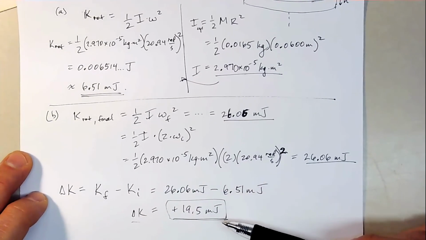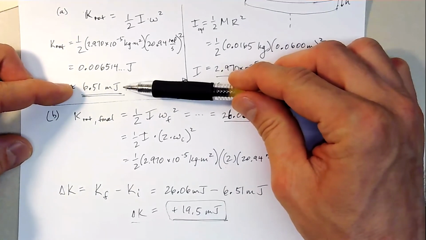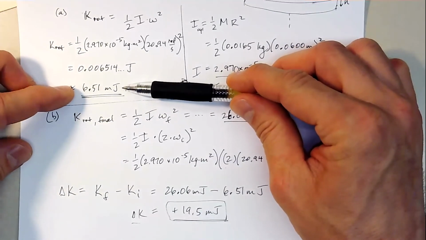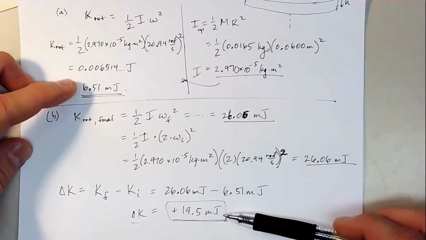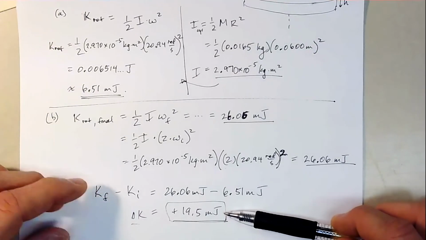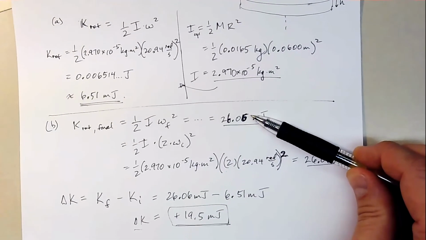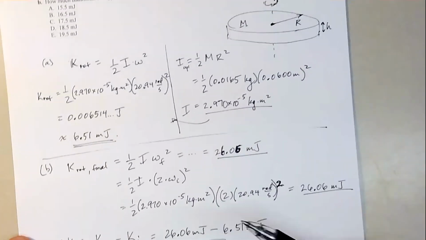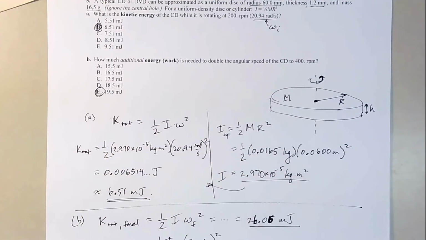So in other words, if it had a certain amount of kinetic energy at 200 RPM, we have to put in 3 times more than this to get it up to 4 times that amount. And so we added the 3 times more, and it will get it up to 4 times that amount for the new 400 RPM kinetic energy. But to answer the question, we have to add an additional 19.5 millijoules.